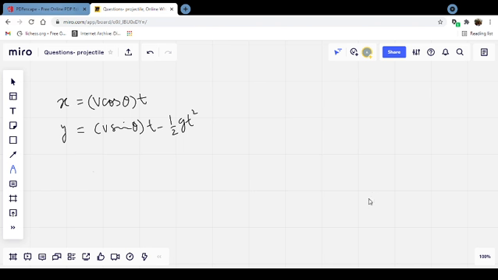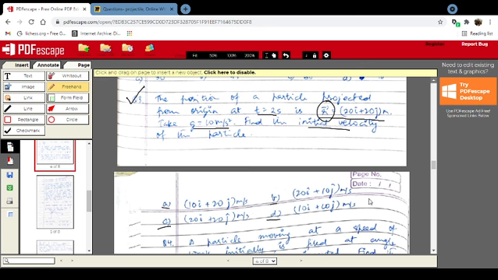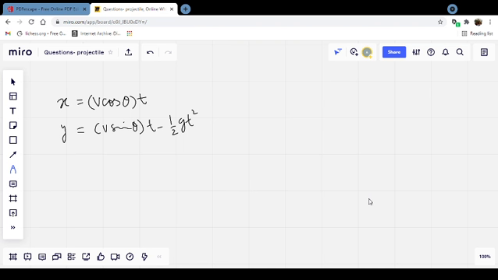The horizontal position of the body at t equal to 2 seconds is 20. So t is 2 seconds and the x coordinate is 20 meters. Using x equal to v cos theta t, where t is 2 seconds, v cos theta is 10.